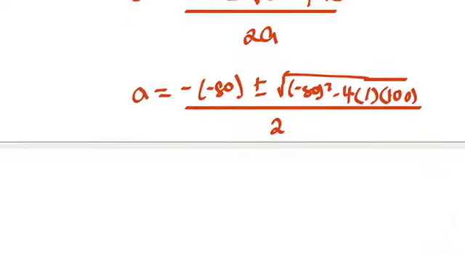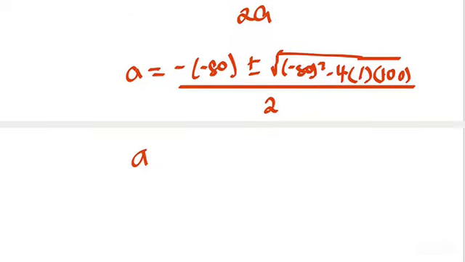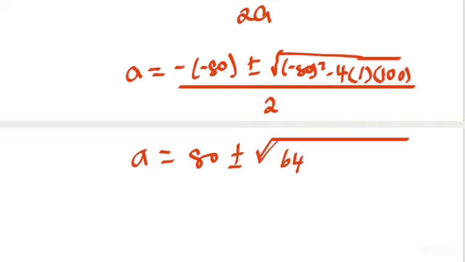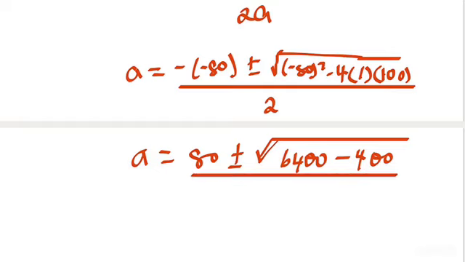Alright, so we move on. We have A equals 80 plus or minus the square root of 6400 minus 400, divided by 2.